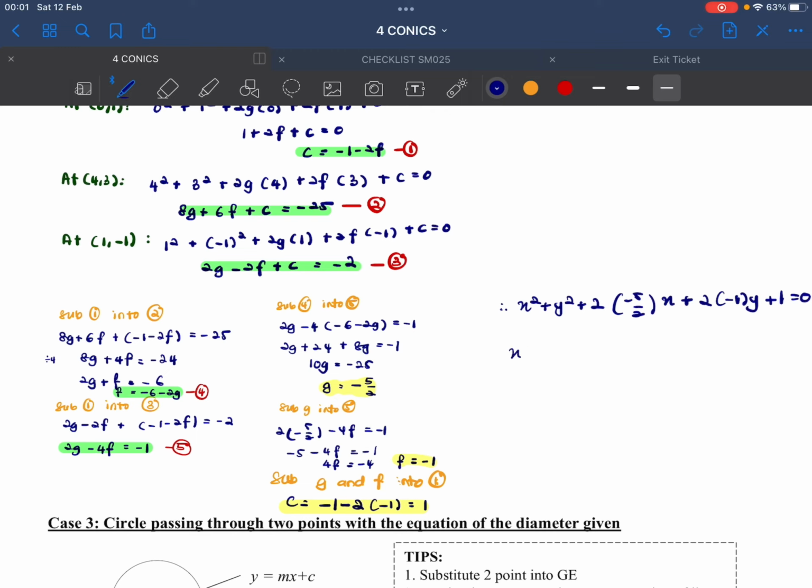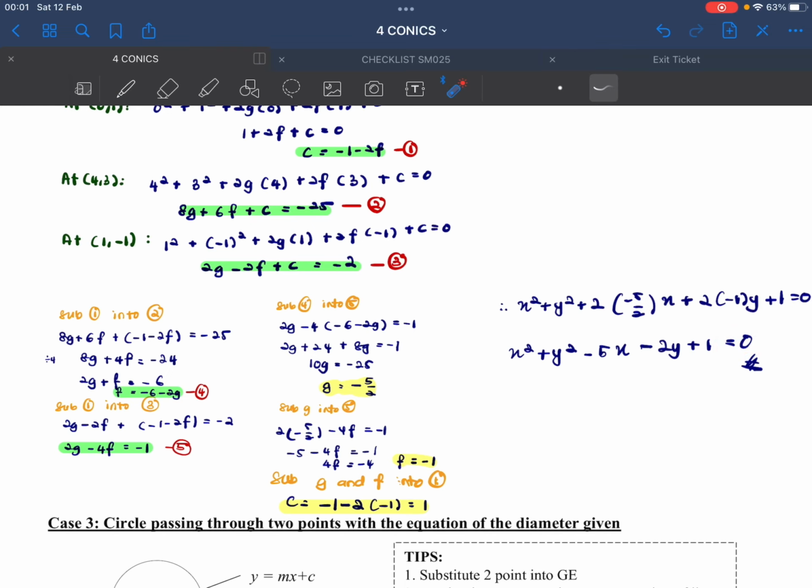So simplify everything. We have x squared plus y squared minus 5x minus 2y plus 1 equals 0. Alright, so that is going to be our final answer. Make sure you write your equals to 0. If you don't write this, no mark.